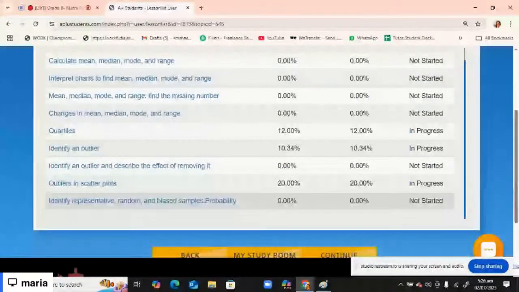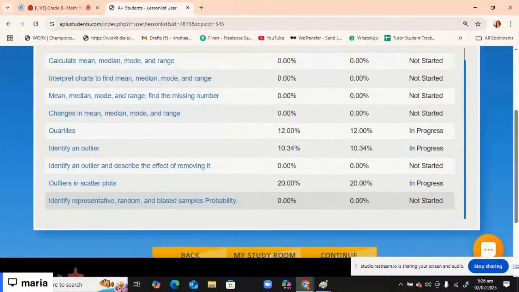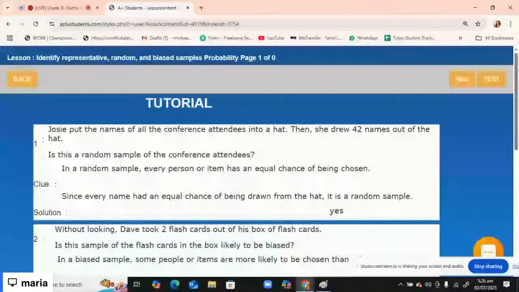Identify the representative, random, and biased sample probability. So first of all, let's check what is basically the representative random sample probability.